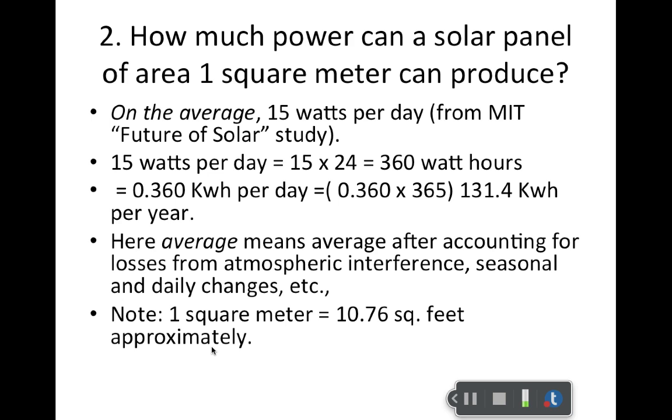That's the total amount of power. So we can figure out how many solar panels or how much land we need to cover with solar panels in order to produce all of our energy needs.